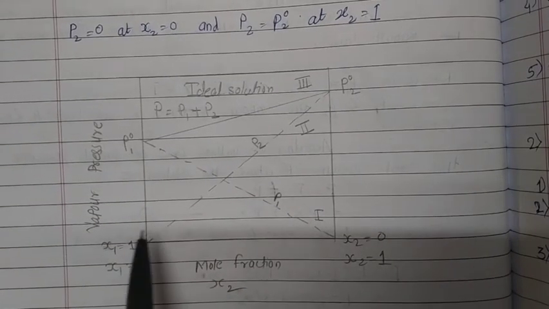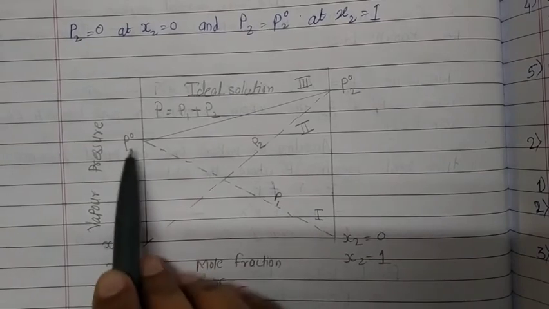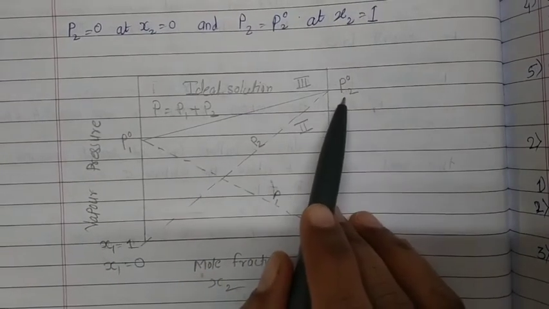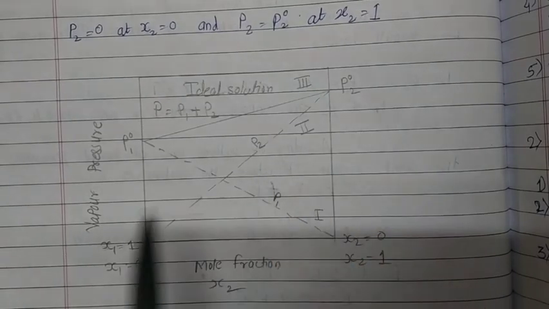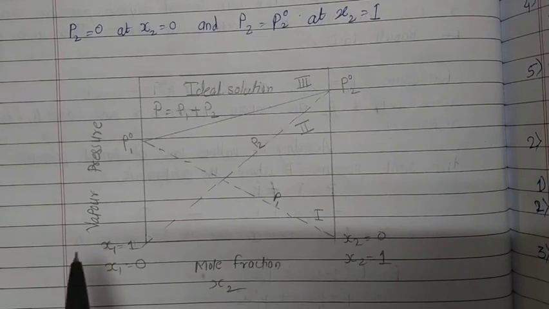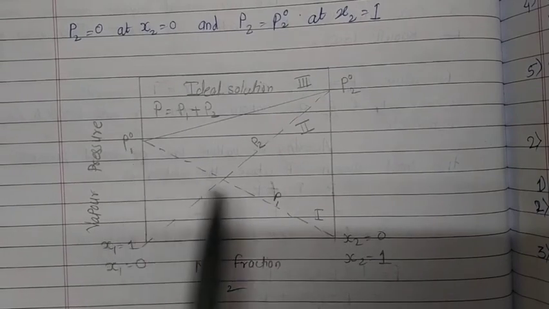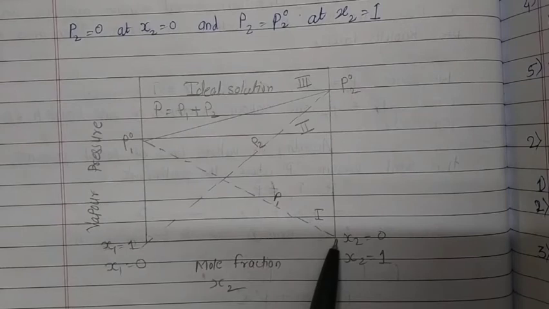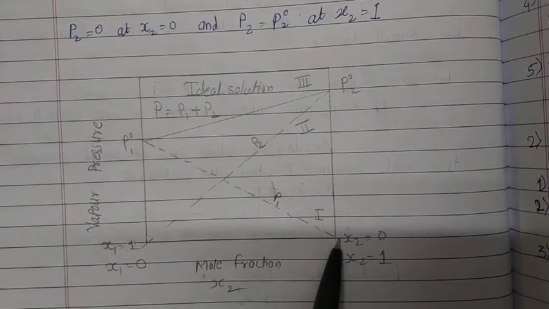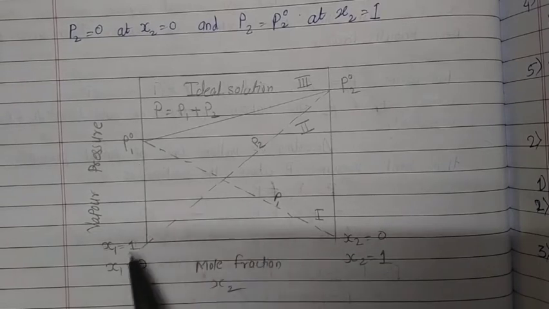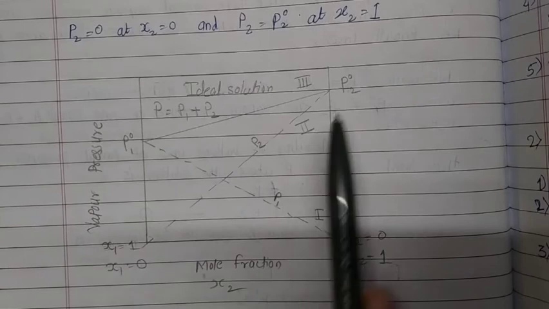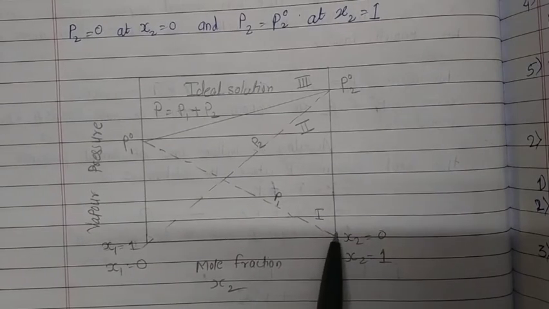So P01 and P02 are constant, and a plot of P versus X2 is a straight line.